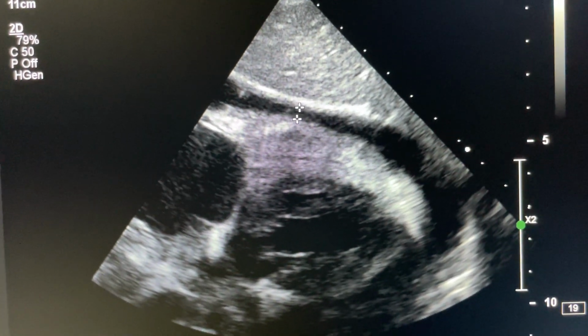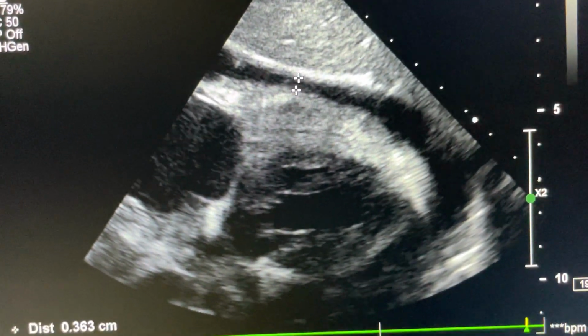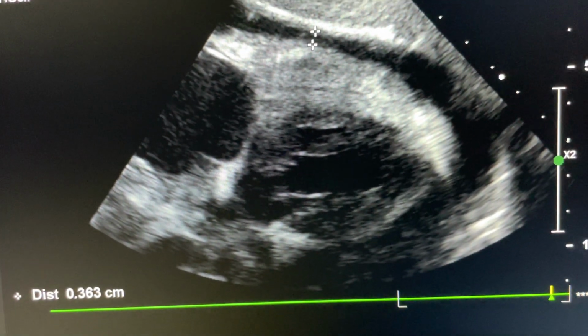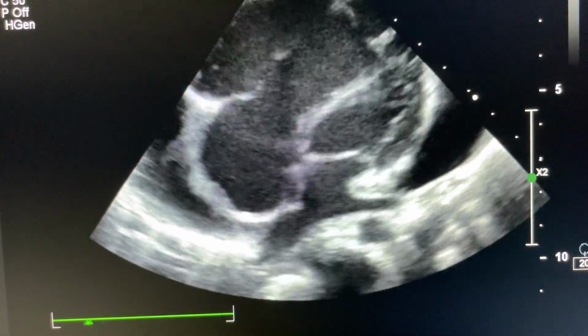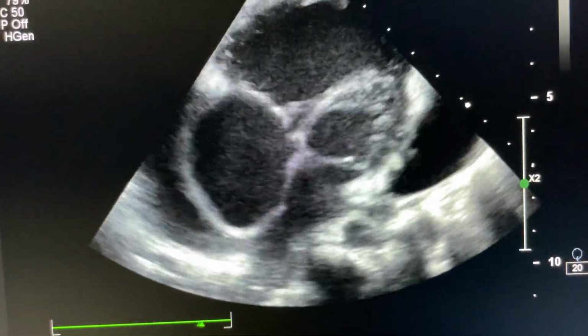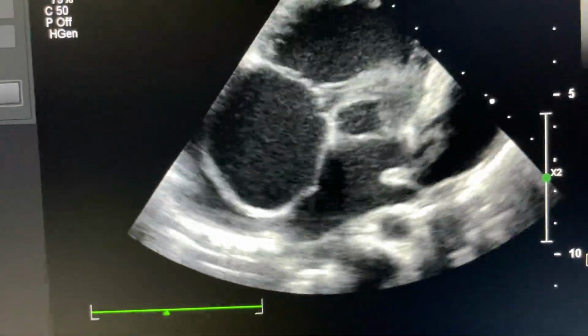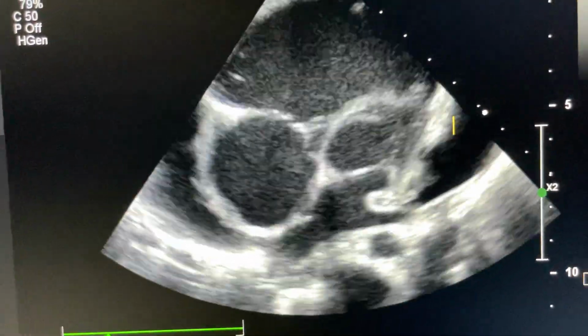The effusion just inferior to right ventricle, 3.6 millimeter. Again this four chamber view. Effusion is more, you can say, lateral to left ventricle. This portion has more effusion.